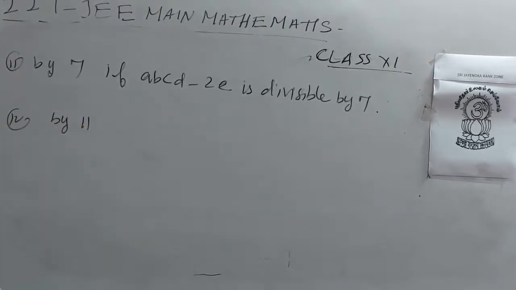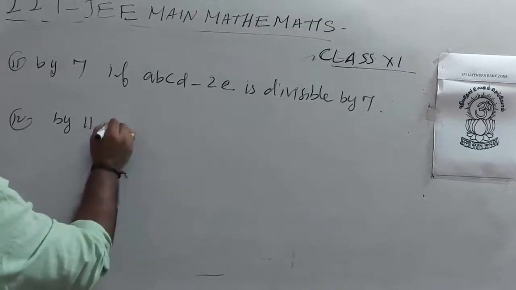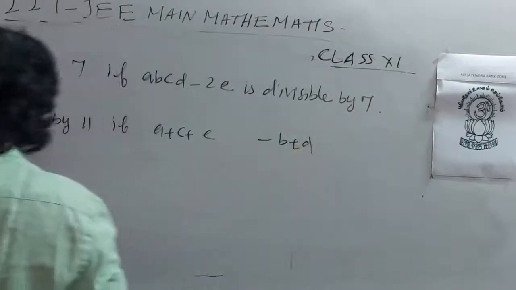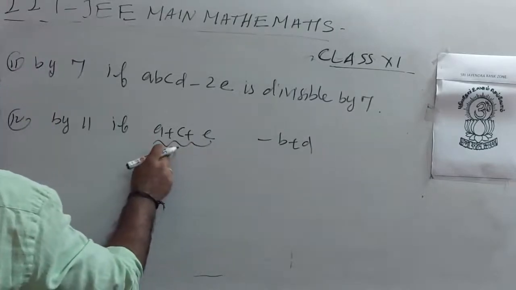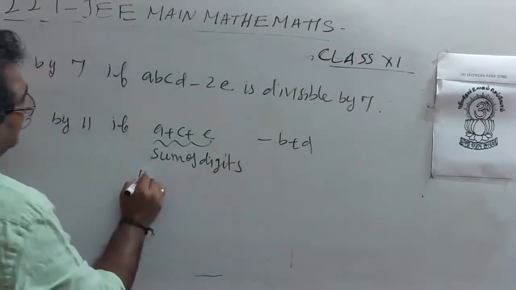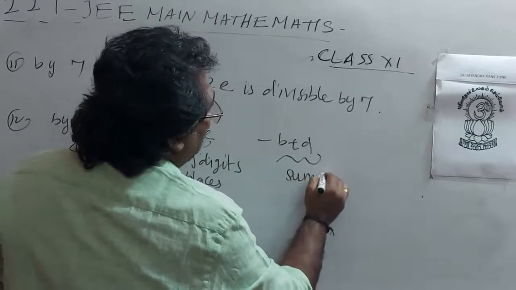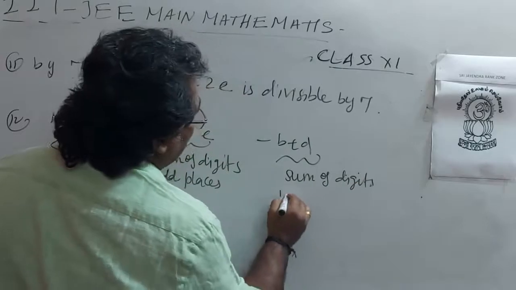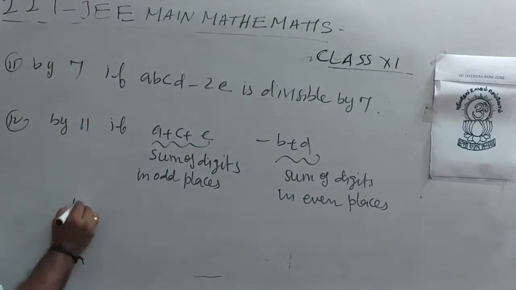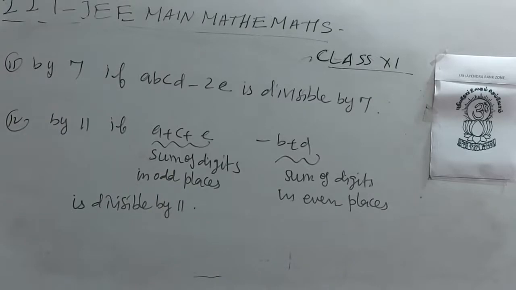By 11, if A plus C plus E minus B plus D, that is the sum of digits in odd places minus the sum of digits in even places, is divisible by 11.